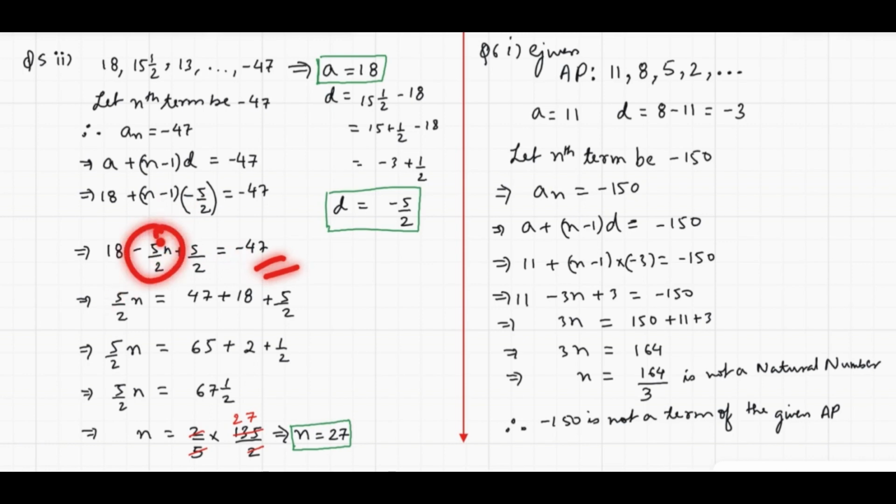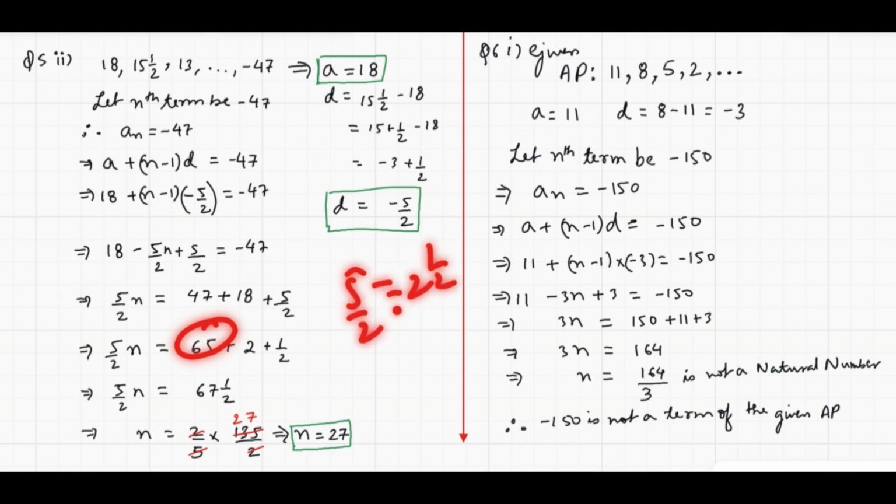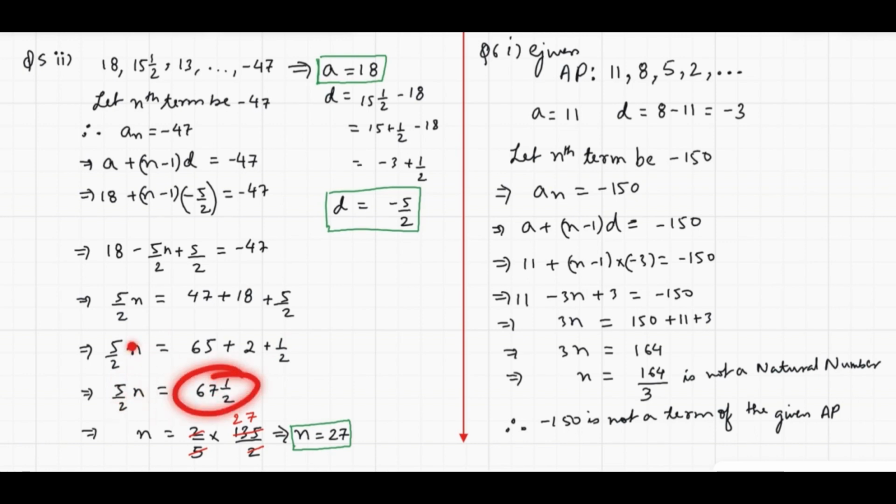Now, keeping this side, we will have positive 5 by 2 n, and bringing this side, we have positive 47 added to 18 plus 5 by 2. 47 plus 18 gives 65. Now again 5 by 2 can be written as 2.5 or 2 plus 1 by 2. 65 plus 2 is 67 plus 1 by 2 is 67.5. And here on the left hand side we have 5 by 2 times n is equal to 67.5.